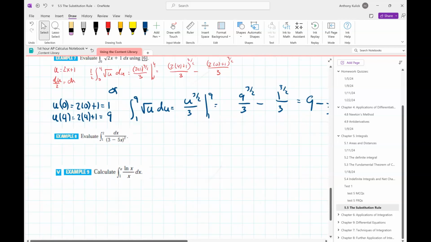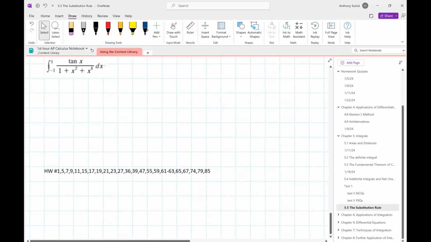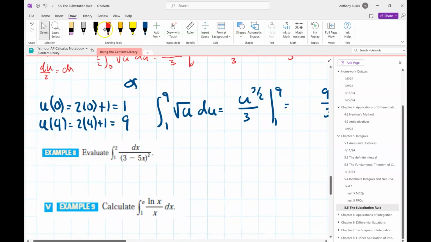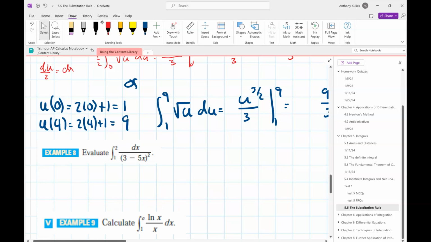So let's try a couple more examples. I think this is basically the last idea here. Maybe there's one more after that, but okay, let's try this one. What should we let u equal? 3 minus 5x. So du dx is negative 5.